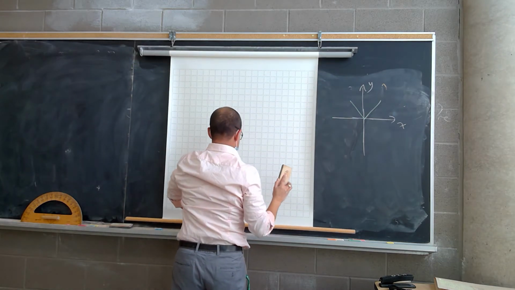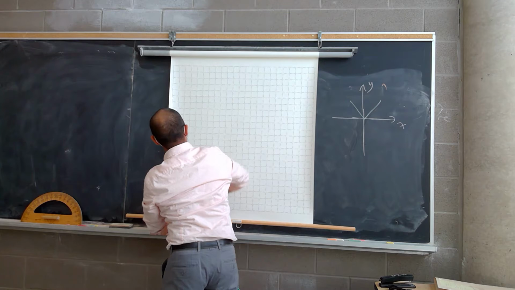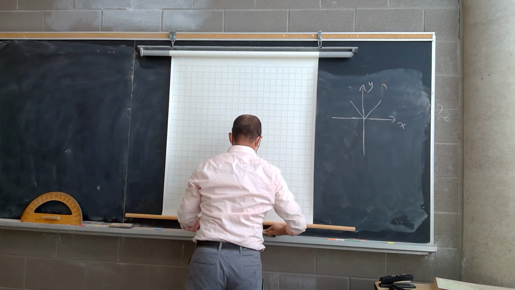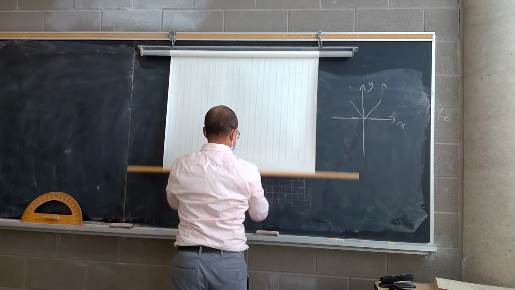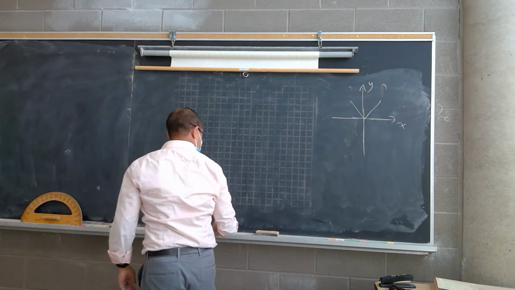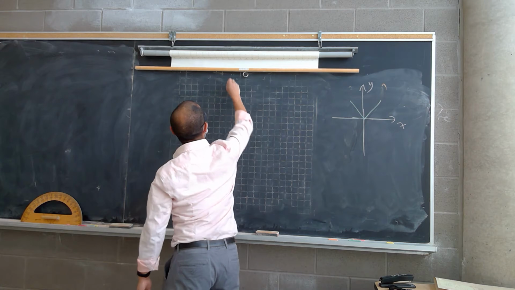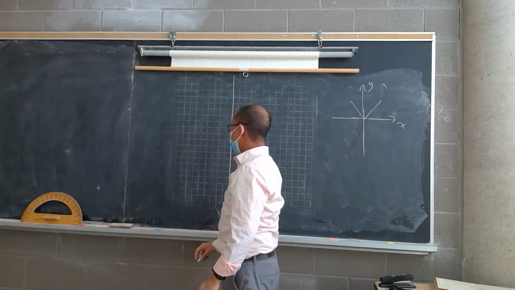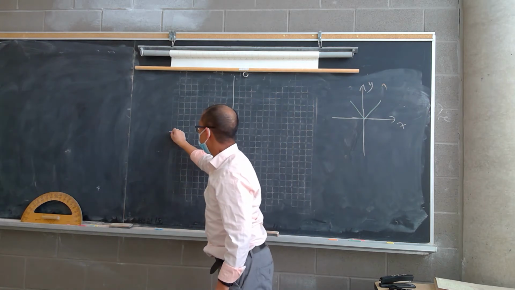Some of you might need to refresh or read the textbook after I've done this, and that'll be okay. Again, I actually don't like how the handout is, so I'm going to do it a little differently. If you're using the graph paper that I provided for you, I'm actually going to change my scale.